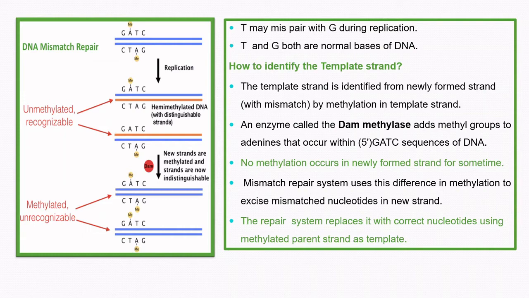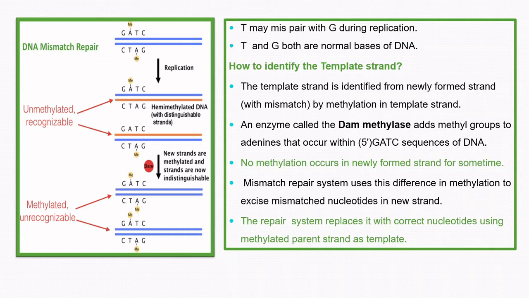But an enzyme cannot identify whether G is the mismatch or T is the mismatch. So the enzyme is confused. So the question is how to identify the older strand from the new strand. Well, students, the cells have a solution over here.